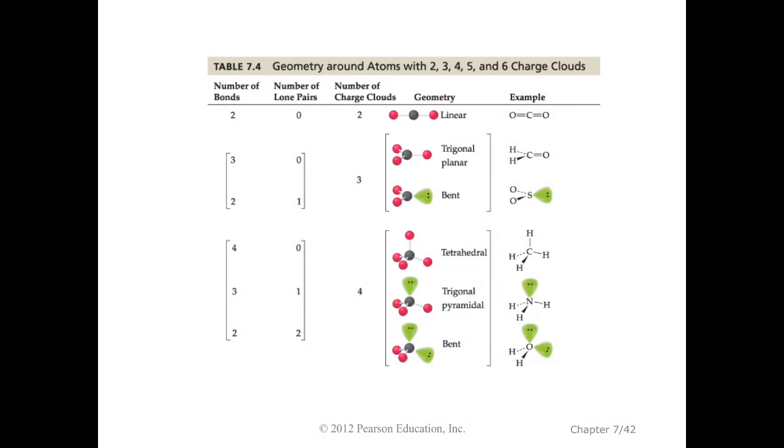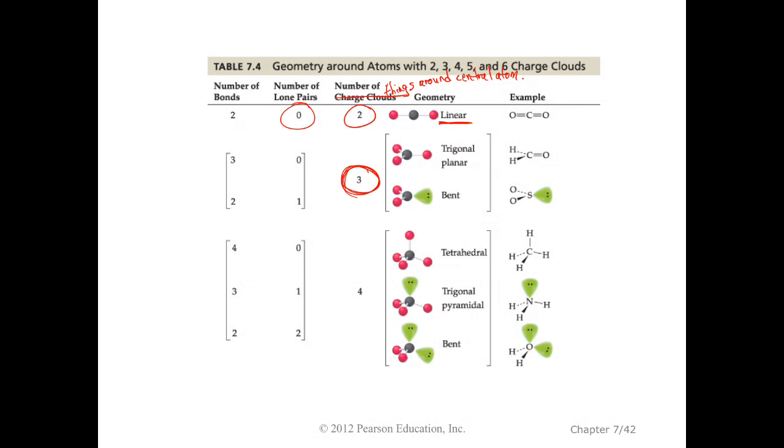So the number of charge clouds, electron pair domains, things, if that makes more sense to you. So the number of things around the central atom. If you have 2 electron pair domains or 2 things, no lone pairs around the center, all you can have is linear. If you have 3 things around it, you have 2 possibilities.